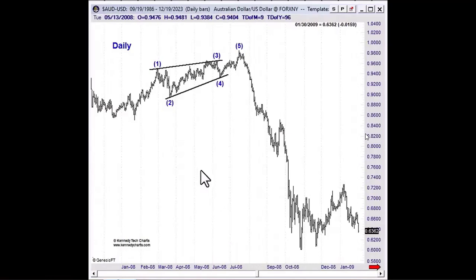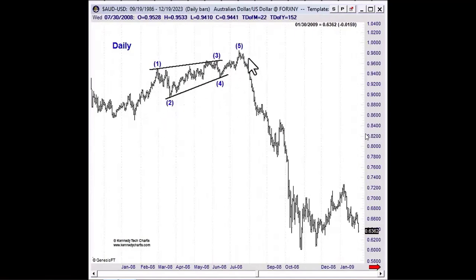It was an interesting move because it lasted about 6, 7 months. It started in January of 2008, and then we had our waves 1, 2, 3, 4, and 5. Notice the overlap. 3 is not longer than 1. You have your wave 2 pullback, your wave 4. Again, wave 4 ends in the price territory of wave 1. 5 is shorter than 3, 3 is shorter than 1.